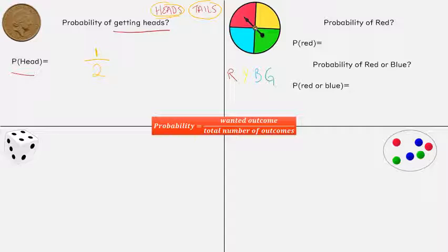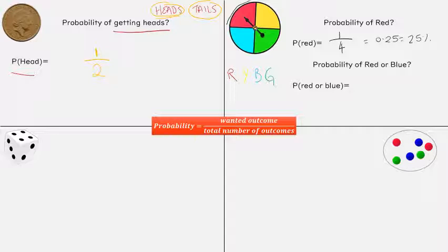So the probability of getting red is this 1 section here, 1 section out of how many total sections? There's 4 different colours, so 4 total sections. So 1 out of 4. We could also write that as 0.25 because that's the same as a quarter, or 25%. Normally we will go for fractions.